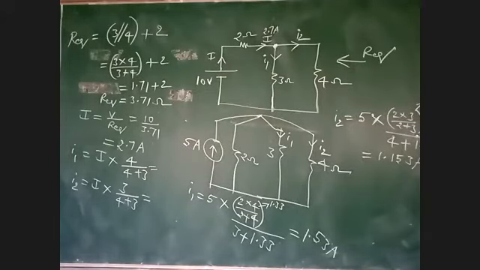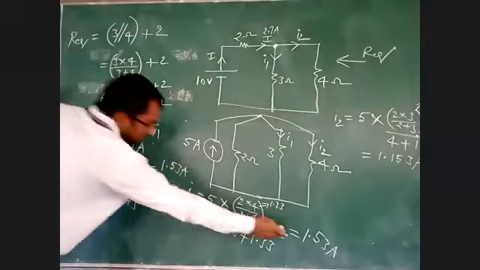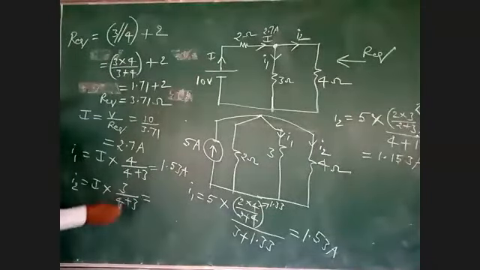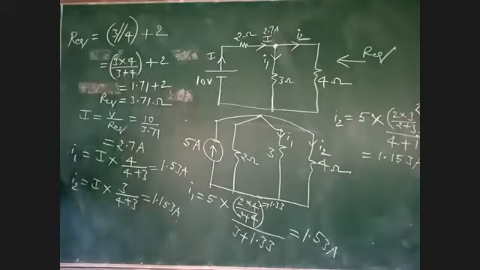I1 is 1.53, the first one. We have to get the same answer. I2 here will be 1.153 ampere. We have to get the same answers. So this is another method.